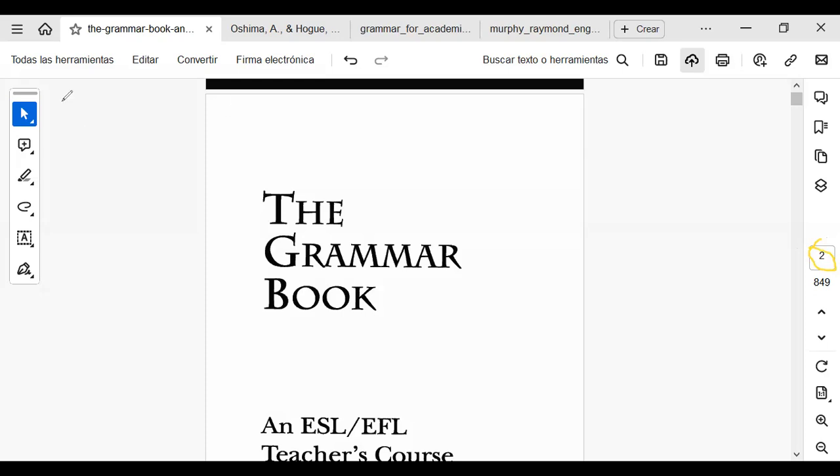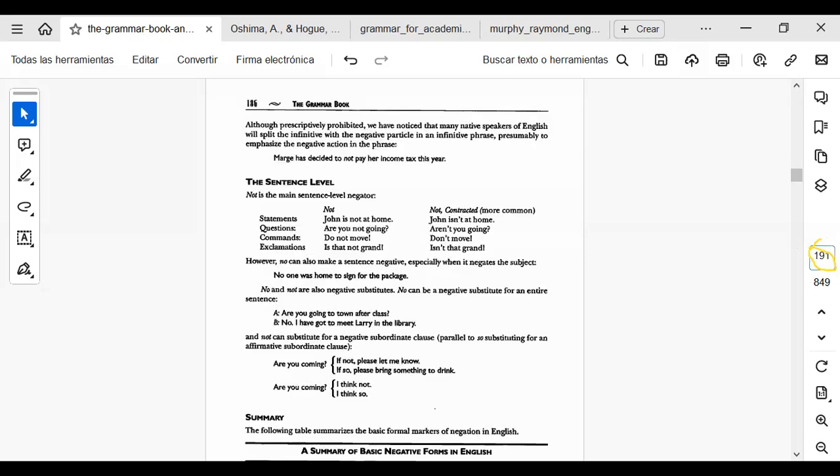Ahí escribo, ¿ya? Aquí escribo página 119.